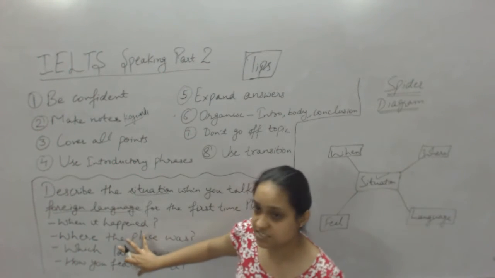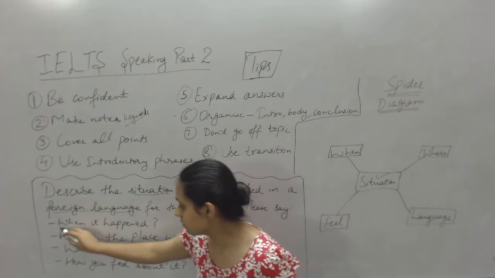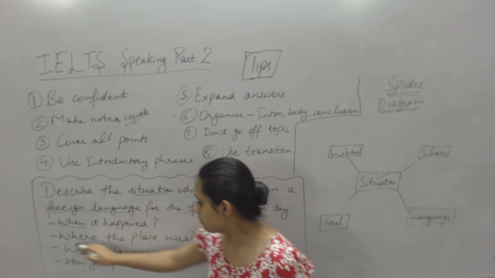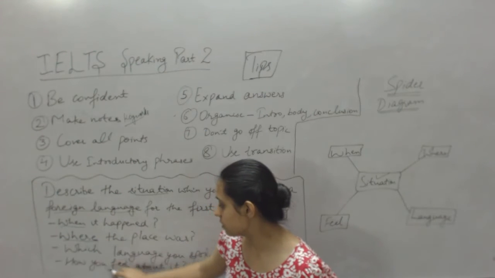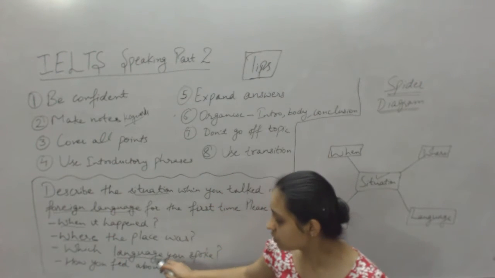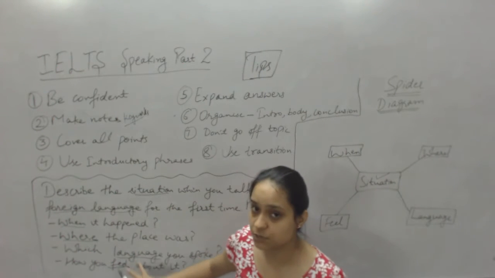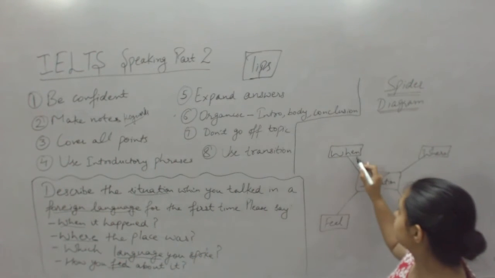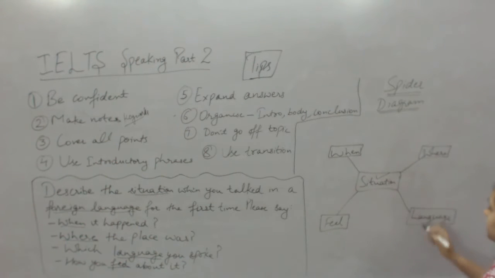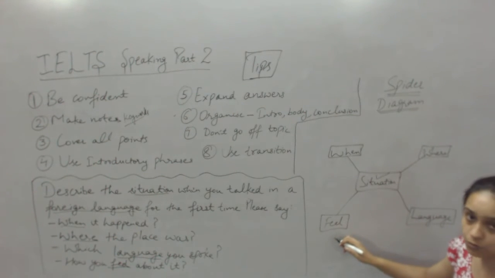And the 4 points that you have to cover are when it happened, where the place was, which language you spoke and how you feel about it. The basic 4 things that you have to cover. The first is when, second where, then language and how you feel.